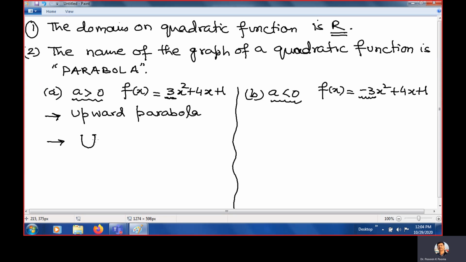And in the second case, we get a downward parabola, which is the opposite shape, like this one. So this is the upward parabola when a is positive, and this is the downward parabola when a is negative.